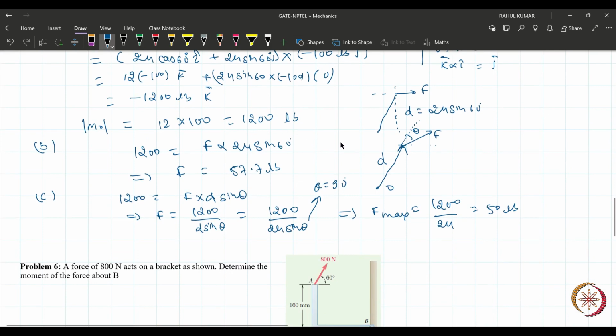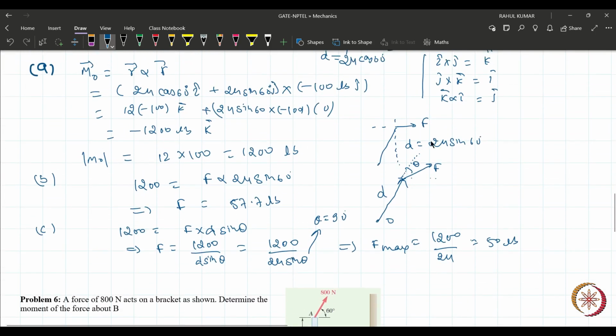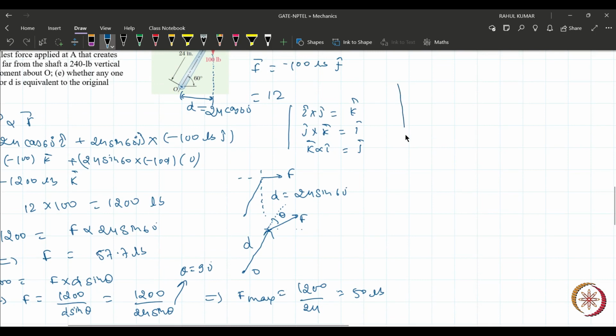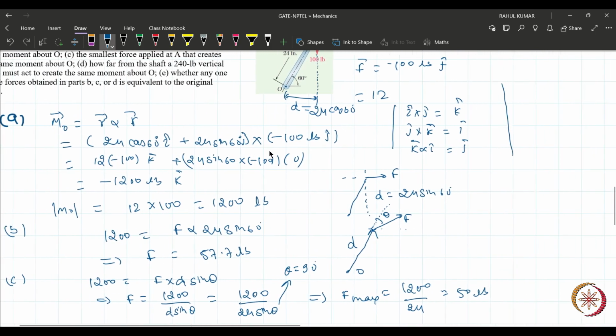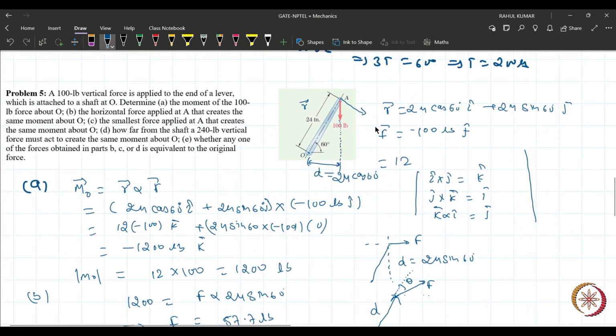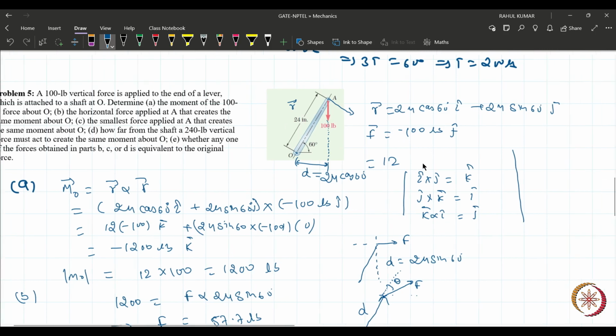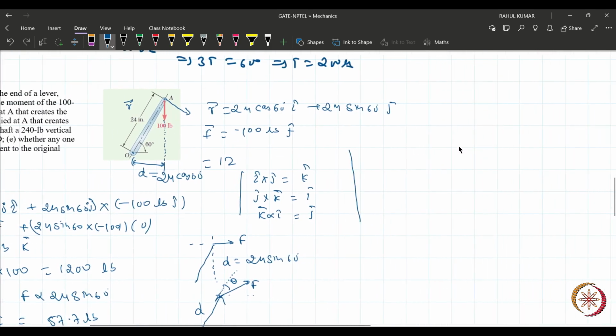Now, we have skipped parts C and D. The smallest force F applied at A, I have solved that already. Then, how far from the shaft is a 200 lb vertical force that must create the same moment? The question is the same, there is nothing different. We are applying force F here.